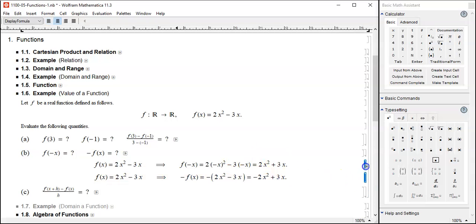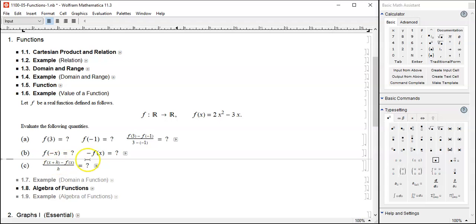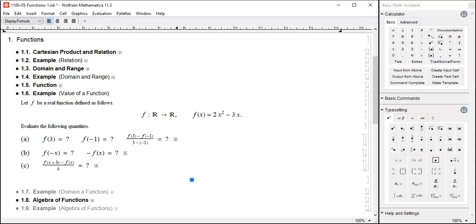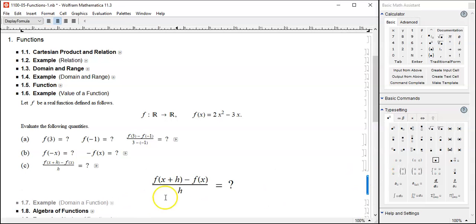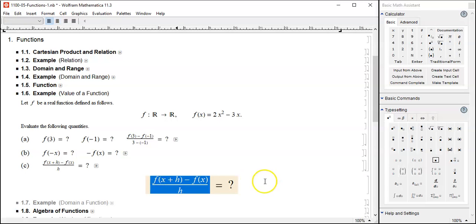Okay, one more to go. How about this? Oh, this is a little bit beyond the scope of what I have in my mind. Okay, let's talk about it. Let me expand the font a little bit further. Now, what is f of x?